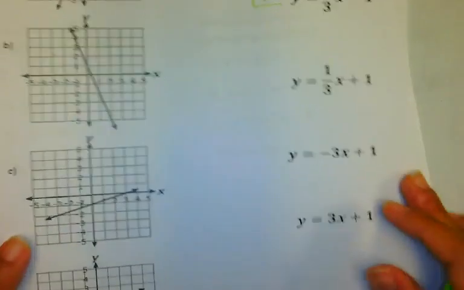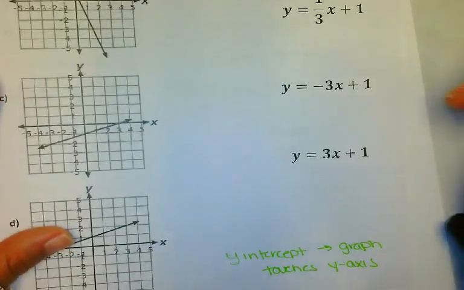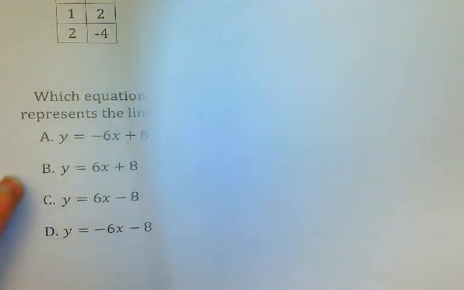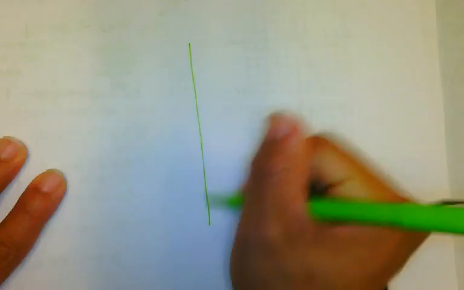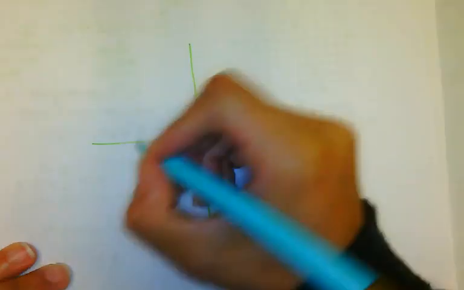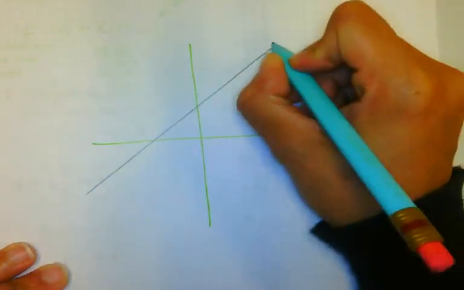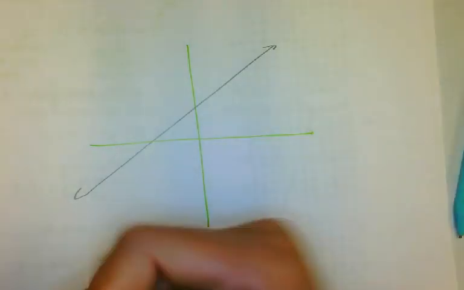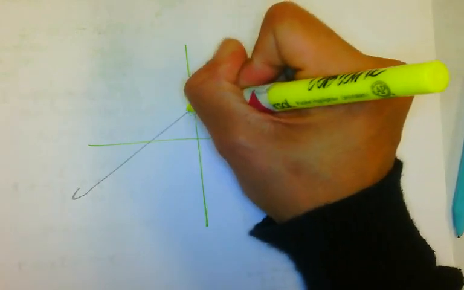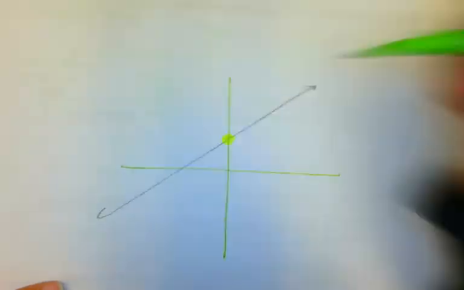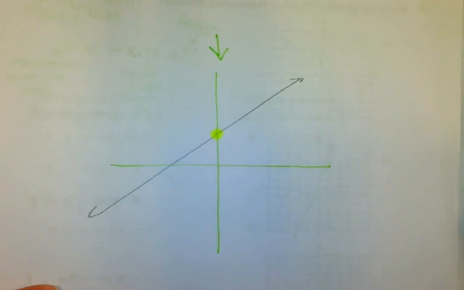Where the graph touches the y-axis. So when we look at a graph, if that's your line, your y-intercept is where it touches the y-axis, because this is your y-axis.